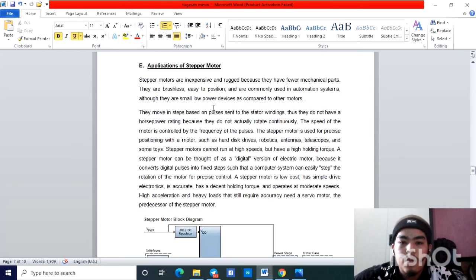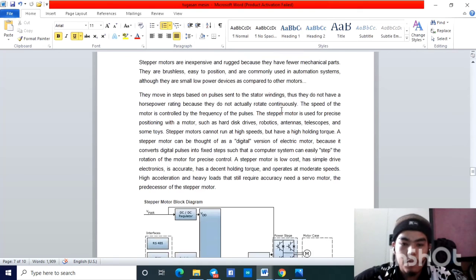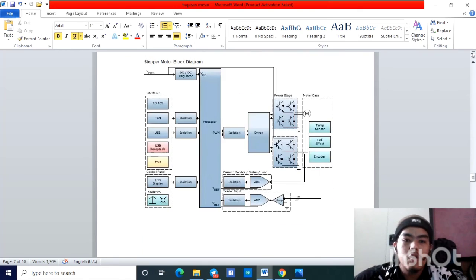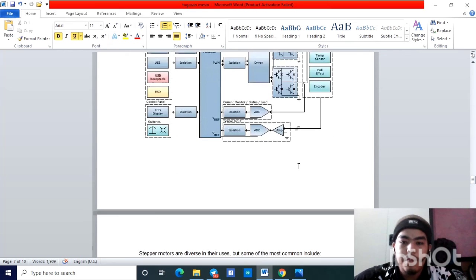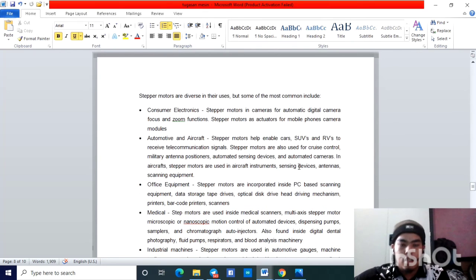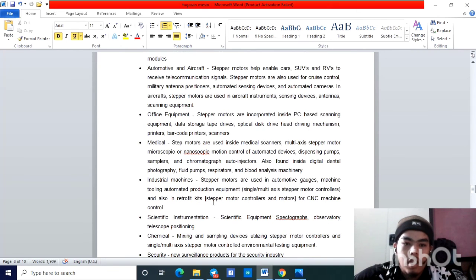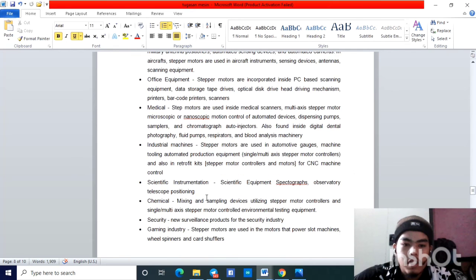Although they are small, low power devices compared to other motors. This is an example stepper motor block diagram. Examples of everyday uses of stepper motors: consumer electronics, automotive and aircraft, office equipment such as barcode printers and scanners, medical, industrial machines and many more.